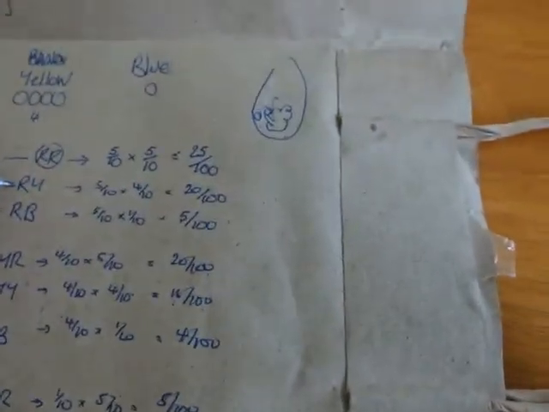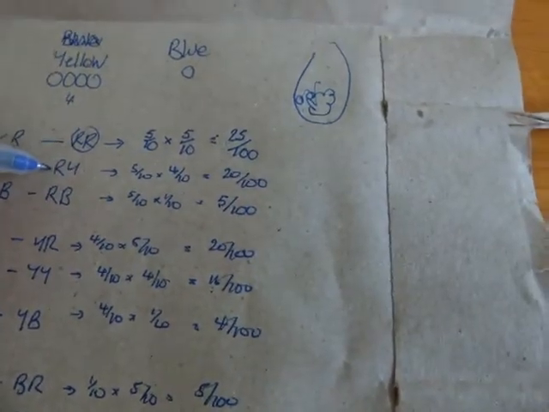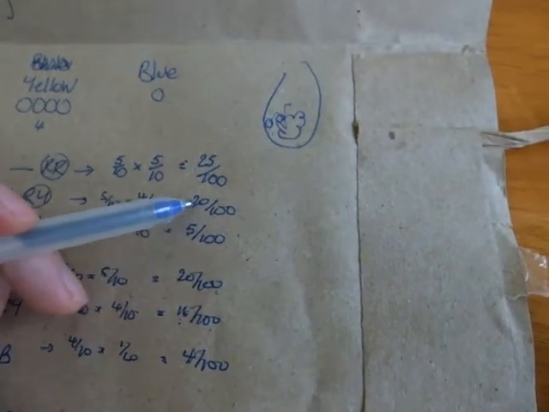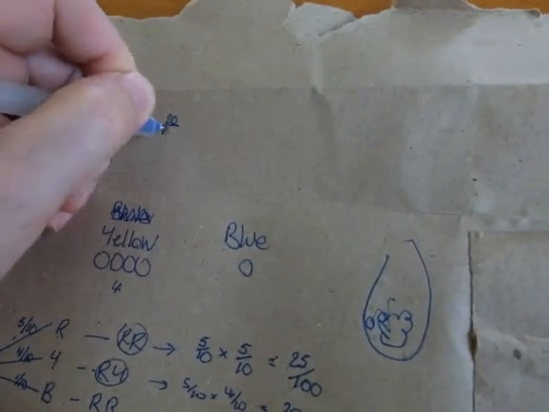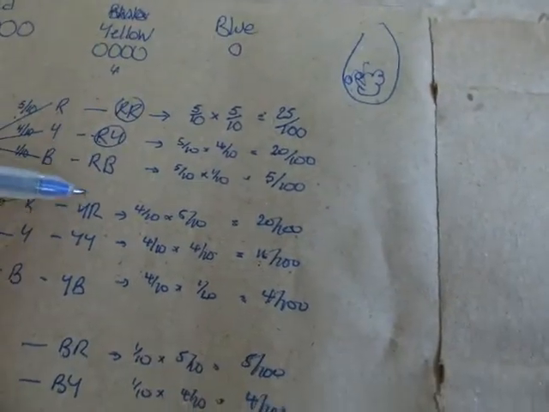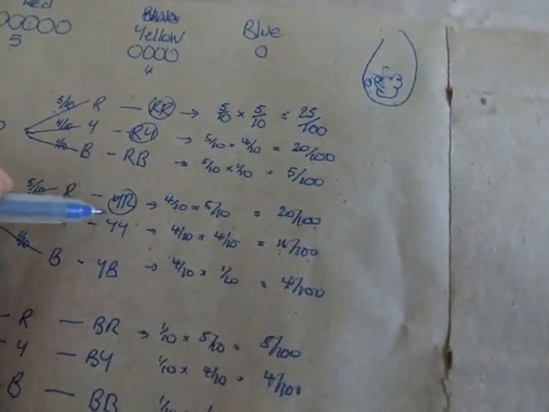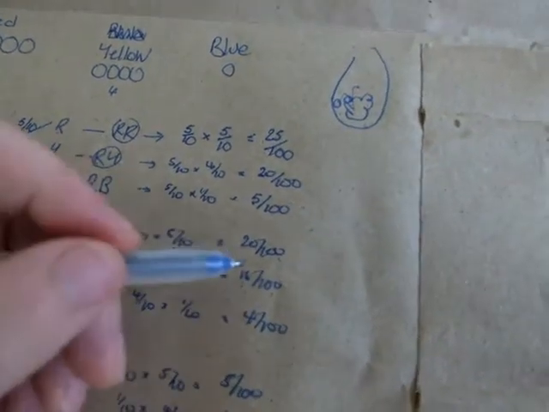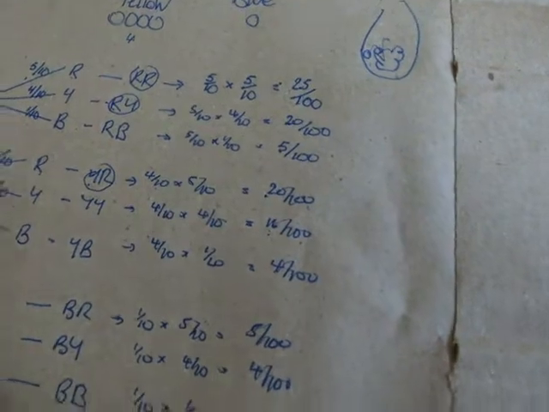The next one, what's the probability that there's one red and one yellow? Okay, so here's a case where it is a red and a yellow. The probability of that is 20 over 100. And I look down and I see that there's another case here where it is a red and a yellow, and that is also a 20 out of 100 chance.